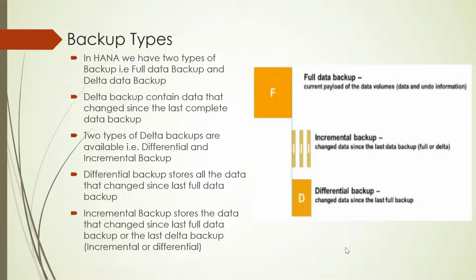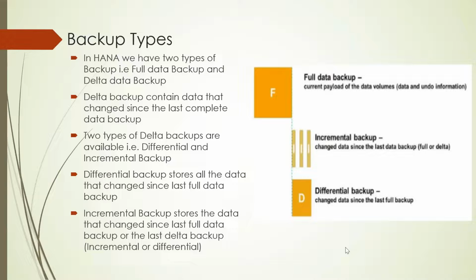Whatever changes you have made in the system on Monday, those changes will get backed up. Okay, and on Tuesday, when the incremental backup runs, whatever changes we have in the system after the last successful incremental backup, those changes will be backed up. So this is the mechanism for the incremental backups.